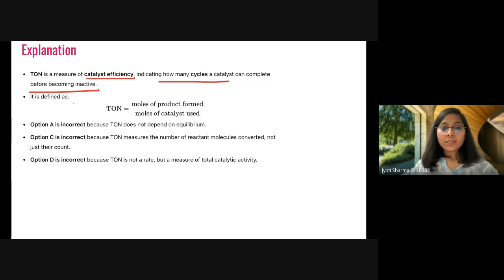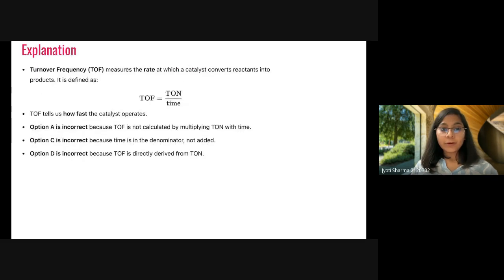This is TON, the turnover number. And the other one was TOF, which is nothing but the rate at which the catalyst converts reactant into product. So TOF is equal to TON divided by time. So these are the TOF and TON.